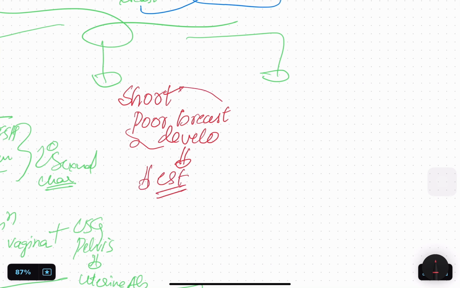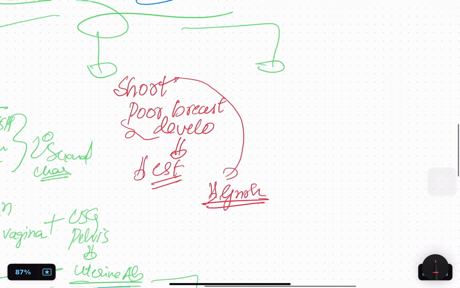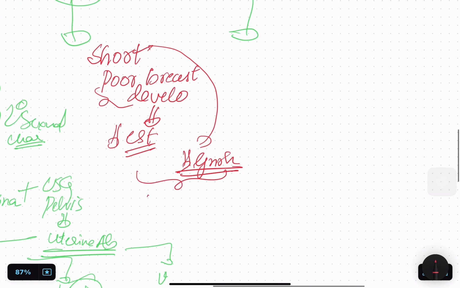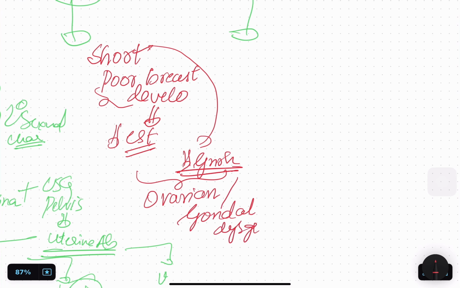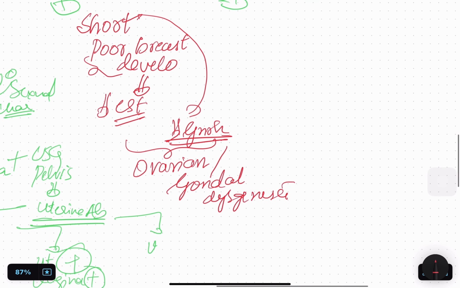Short stature implies reduced GnRH also in some cases. So most likely this is an ovarian or gonadal dysgenesis problem. Look for other features like short stature, web neck, all those things. Most likely you'll be dealing with Turner syndrome.